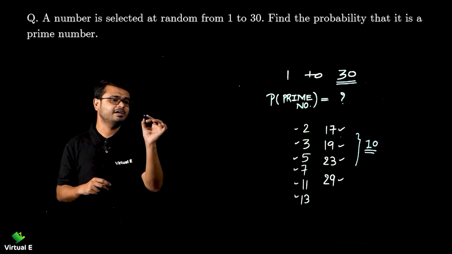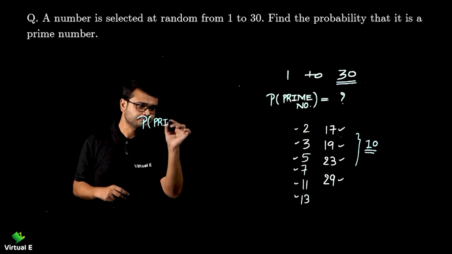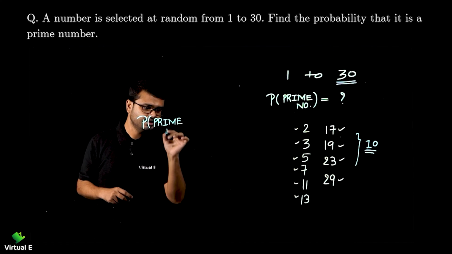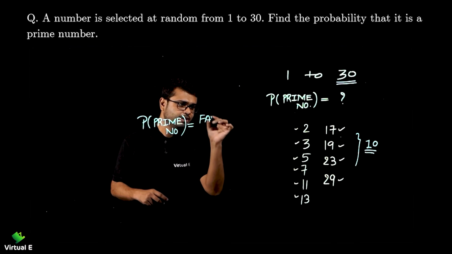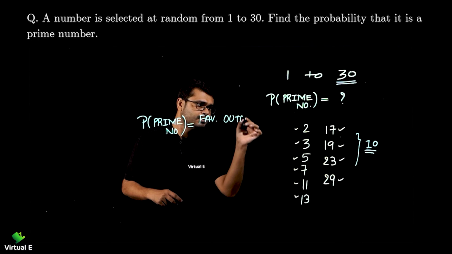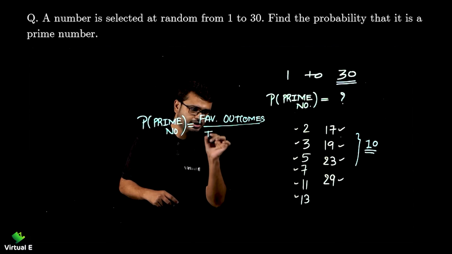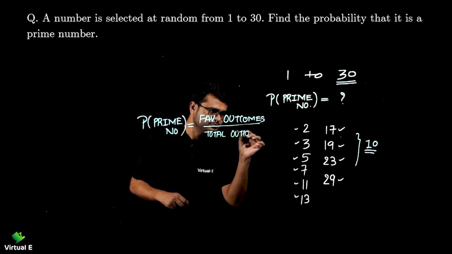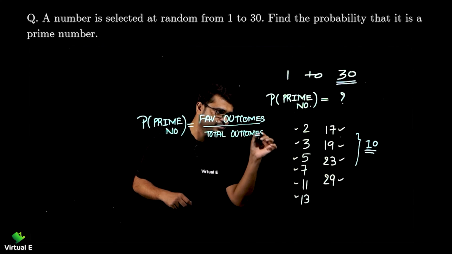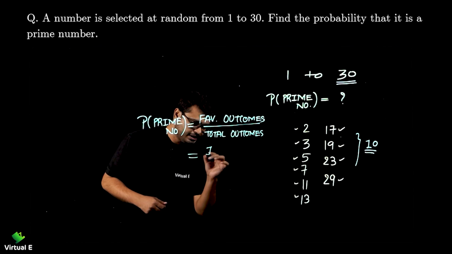So let's write the final answer. Probability of getting prime number is equal to favorable outcomes over total number of outcomes. Done. This is the formula. Remember it. Always try to write it. It's good. Favorable outcomes, how many? 10.